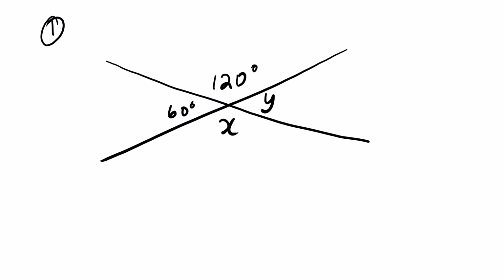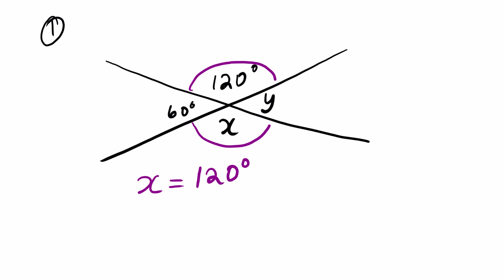Looking at this example, we are solving for x and y. Since this angle is vertically opposite to this one, you can say x is equal to 120. And then this angle is vertical to this one, then we can say y is equal to 60 degrees.